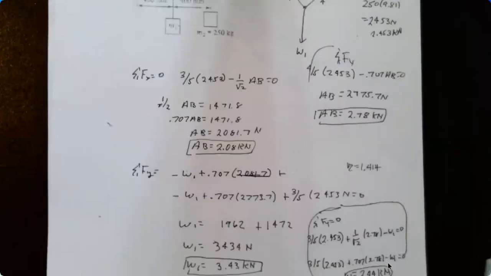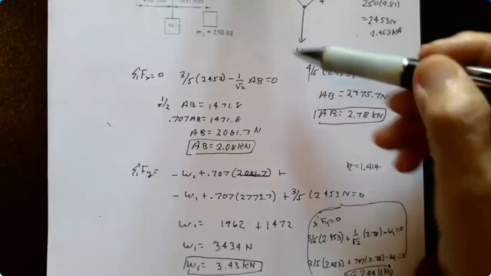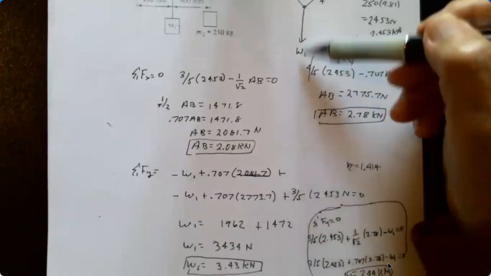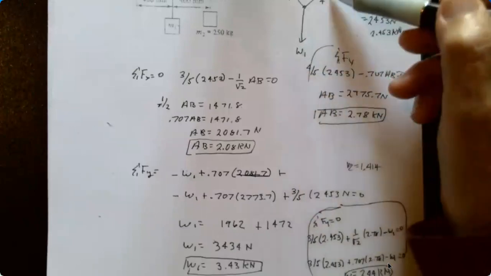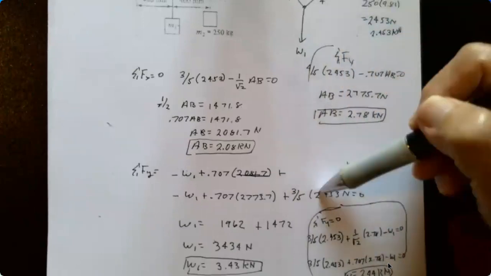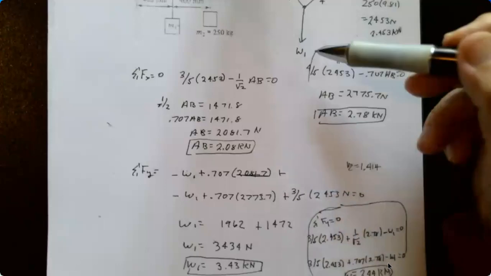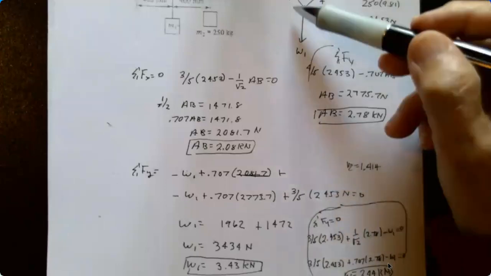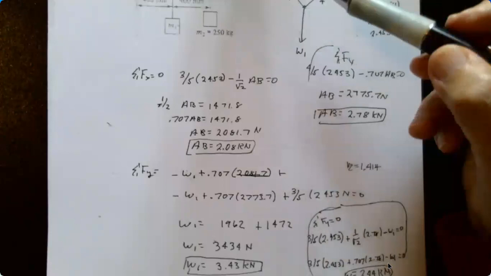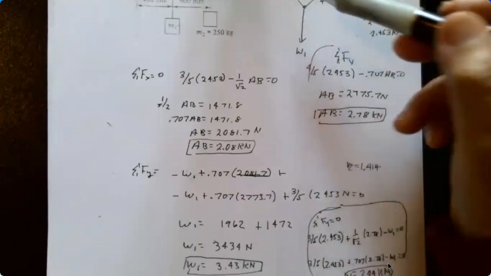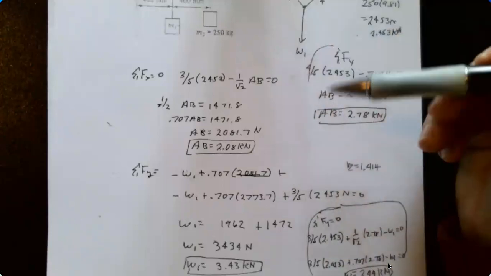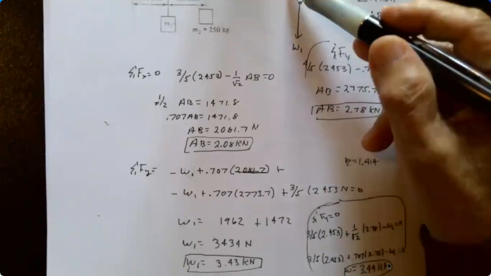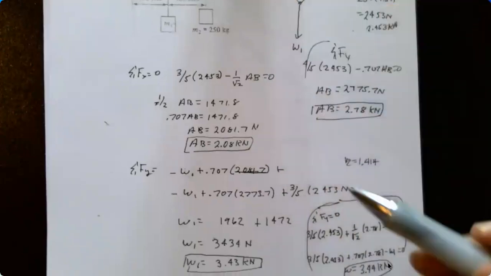And then sum of forces in the y: minus W1, and then this would be in the y component 3/5 of the 2,453 newtons, and then 1 over the square root of 2 for the AB that you have over here.